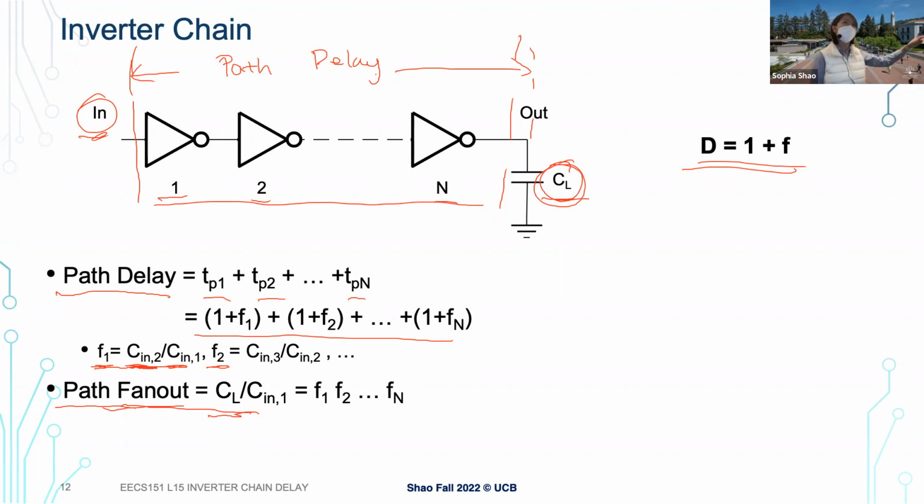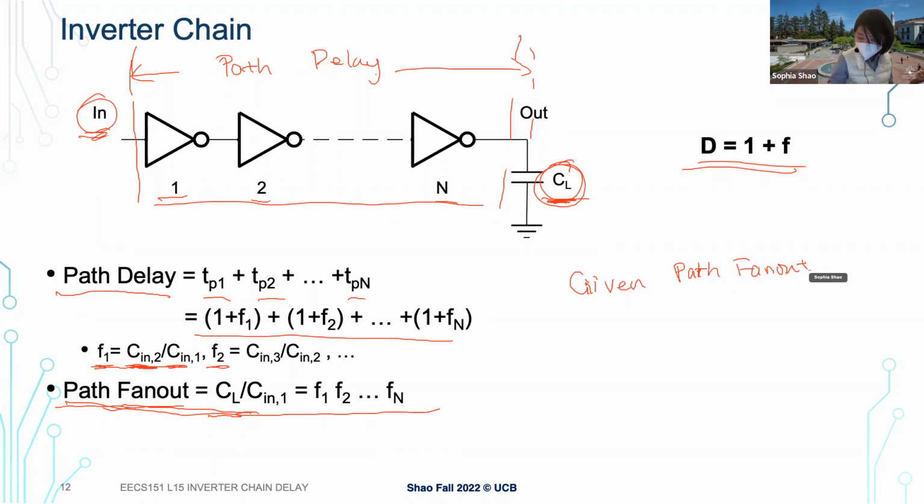Now the problem really becomes: we already know the path fan-out. We know the load capacitance and we also know the input capacitance, those are outside the circuit. So we're given a path fan-out, this capital F, and we want to get the minimum path delay, the delay of our circuit.